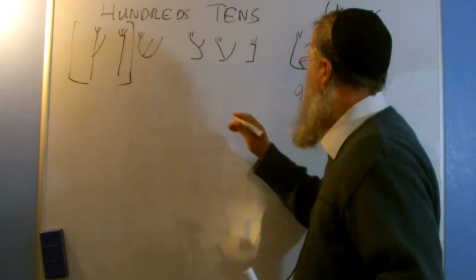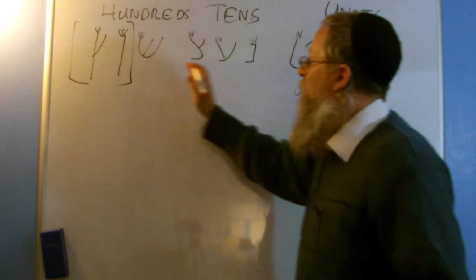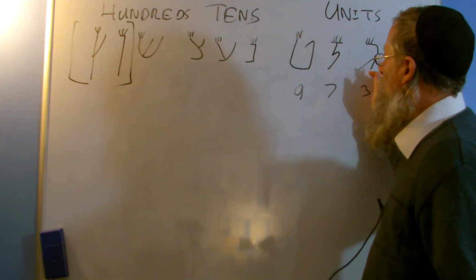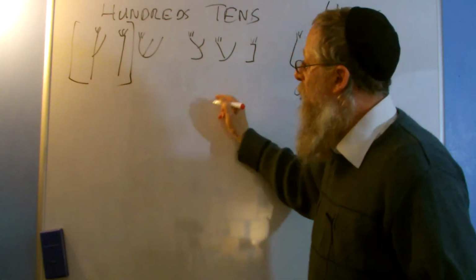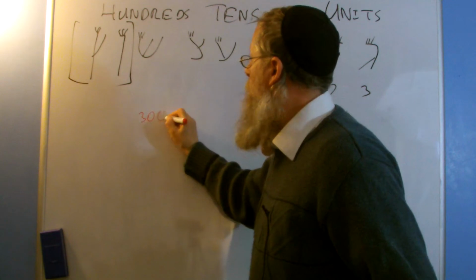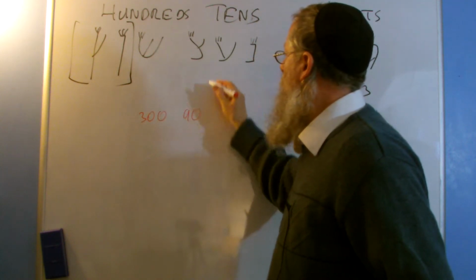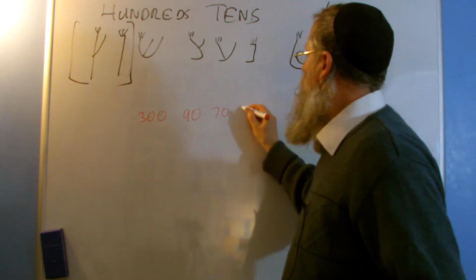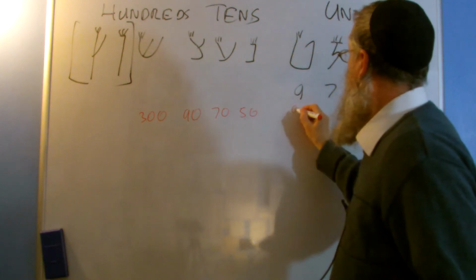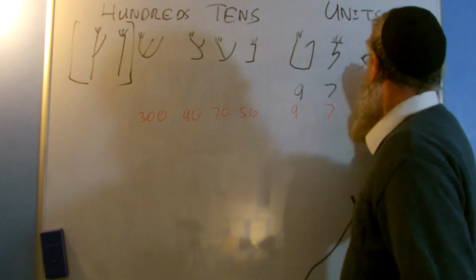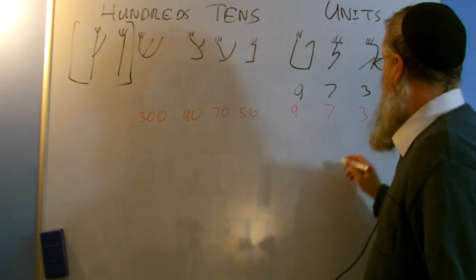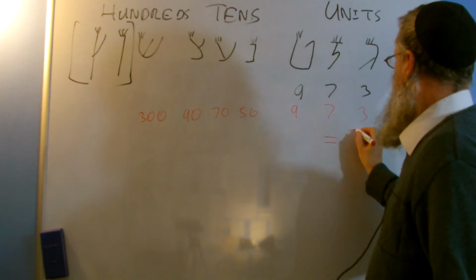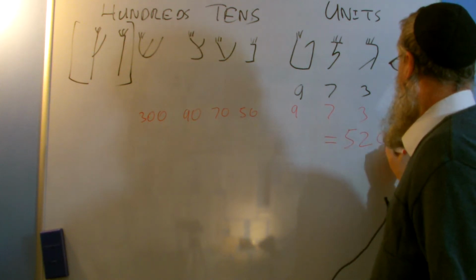We're going to take the gematria of these 7 letters, using the normal value, where Shin is 300, Tzadi is 90, Ayin is 70, Nun is 50, Tet is 9, Zayin is 7, and Gimel is 3. If I add all that together, I'll get 529.